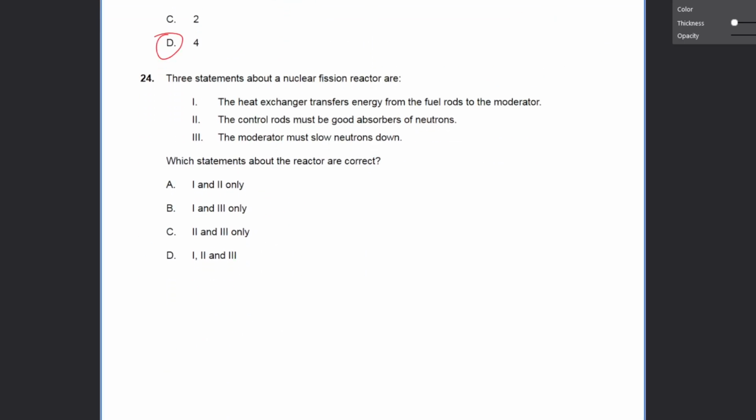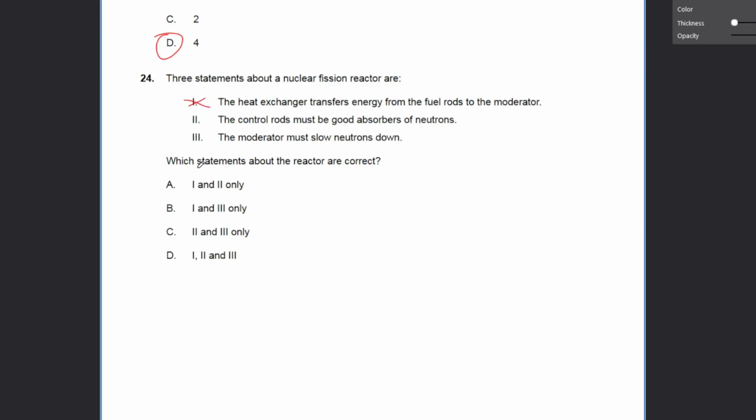Alright, question 24. 3 statements about a nuclear fission reactor are: 1, that the heat exchanger transfers energy from the fuel rods to the moderator. This is incorrect. It transfers from the primary coolant to the secondary coolant, not the moderator. So 1 is not going to be part of our answer.